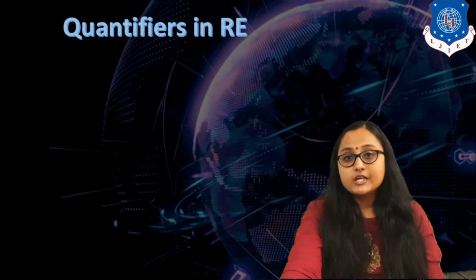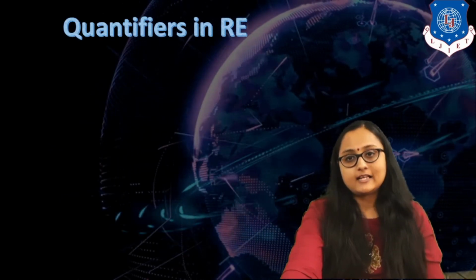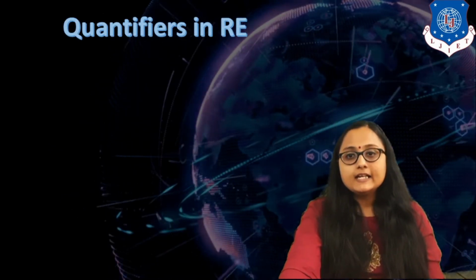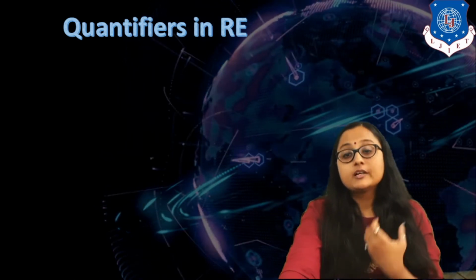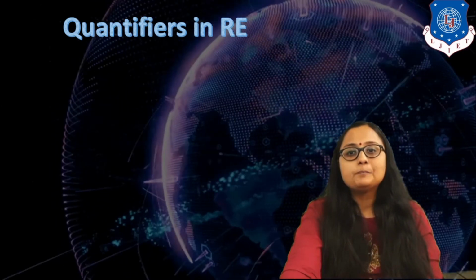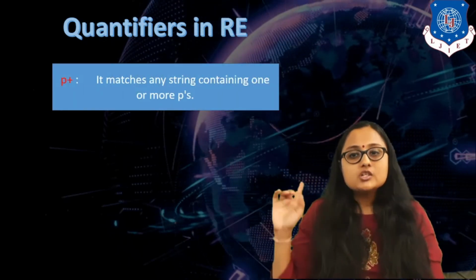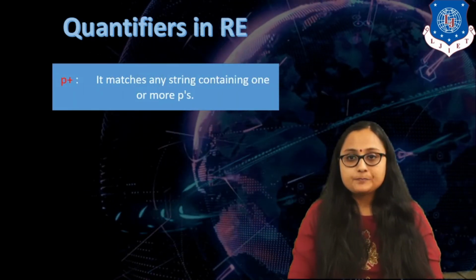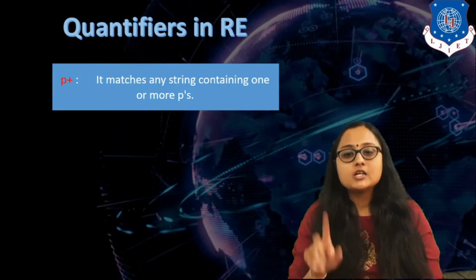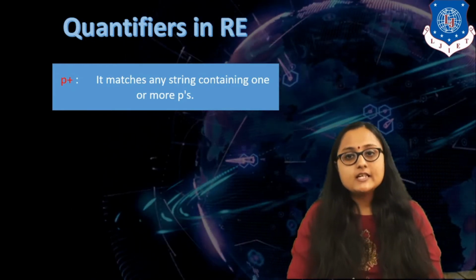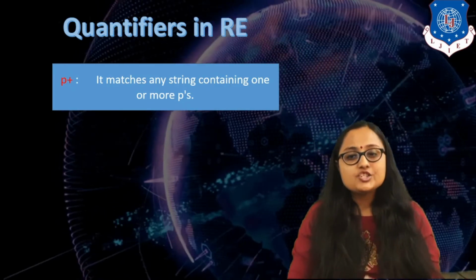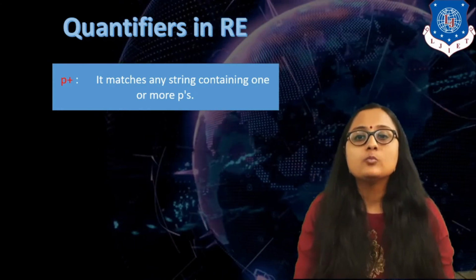It means what if I want to create a regular expression indicating the quantity or the repeating quantity of the pattern or sequence of characters. The first quantifier is plus. If I am writing p plus, what does it indicate? It matches any string containing one or more p.